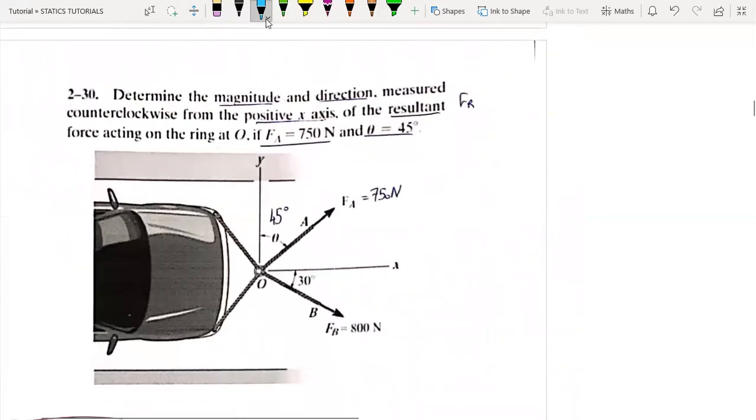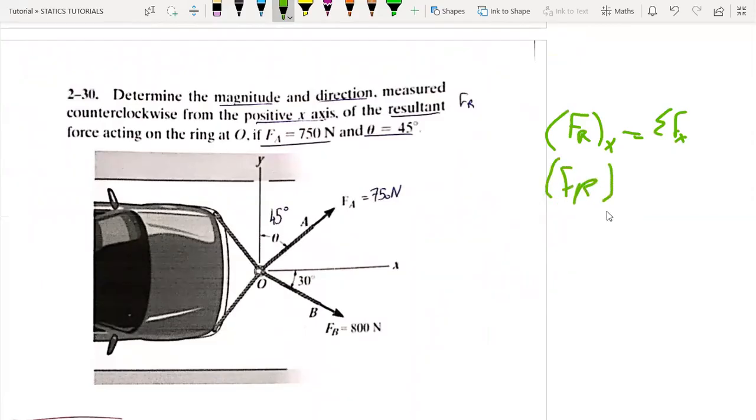Here in this problem, as we know, if we have a 2D system, we can get the resultant FR in the x direction by simply taking the summation of all the forces in the x direction. Similarly, the component of the resultant force in the y direction will be equal to the summation of all the components of the vectors that we are dealing with in the y direction.